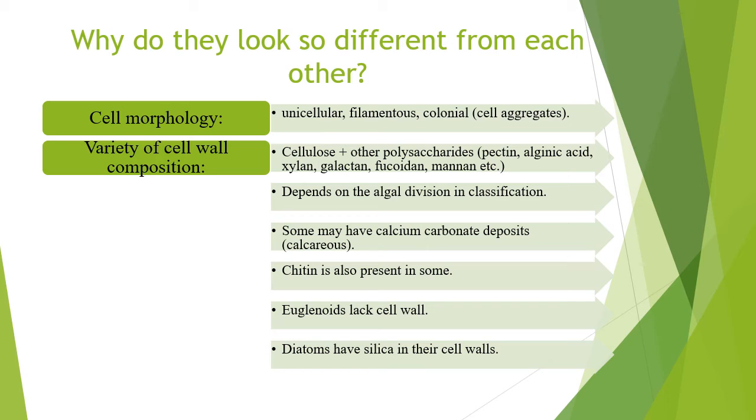Therefore, you can see that they are composed of a large number of biomolecules only in their cell wall. So, it is understood that they will look different from each other and their structural organization will also be different based on this variety of compounds.